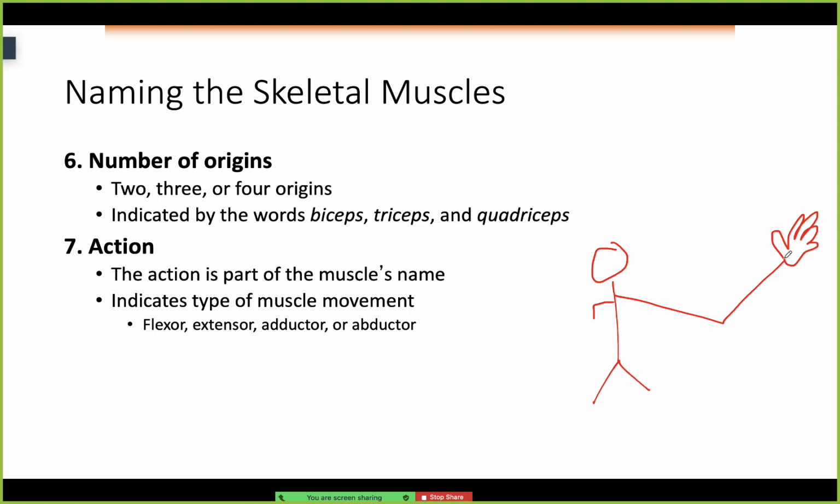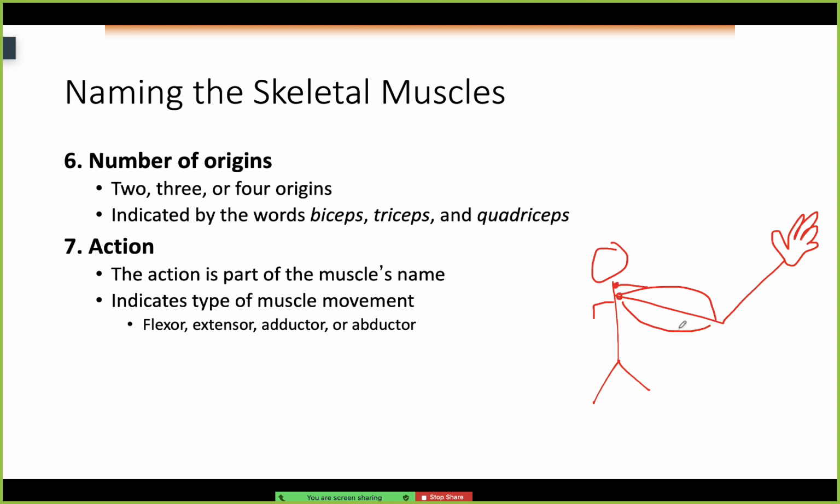Okay, so sometimes muscles attach to more than 2 points. They have multiple origins. So for example, you have the biceps and the triceps. So the biceps are on top and the triceps are on the bottom. Biceps have 2 attachment points for the origin here and here.